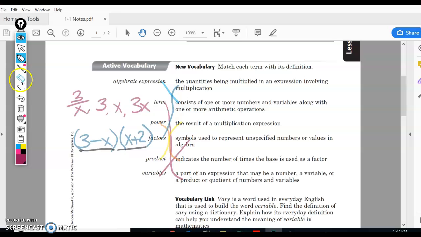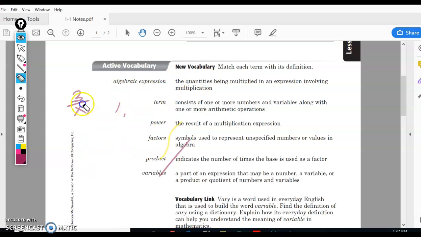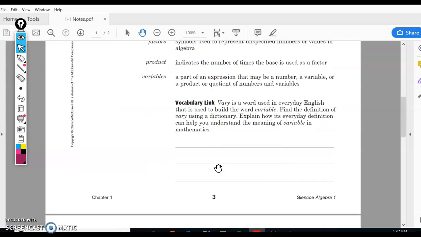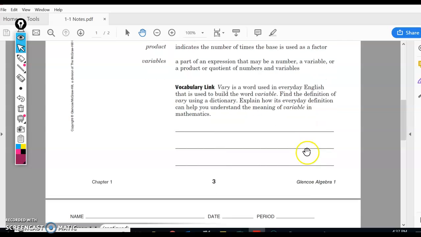Let's actually talk more about what a variable is and where it got its name. Variable comes from the word vary. In the English definition, vary could mean a few different things.